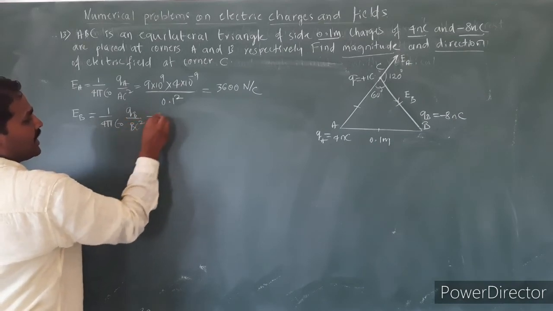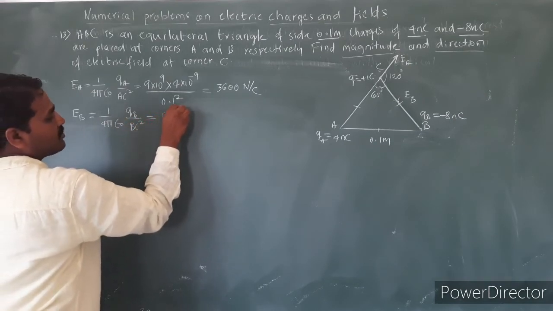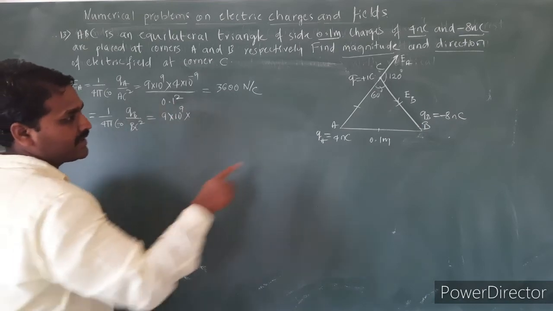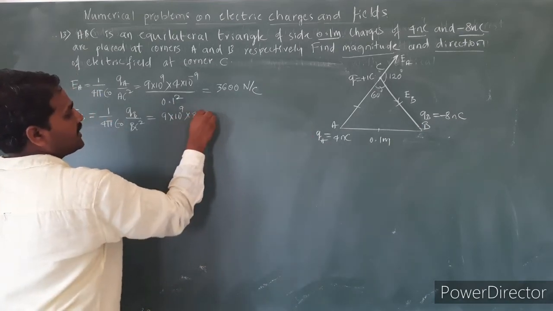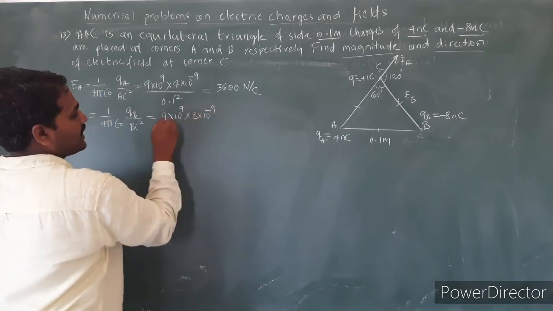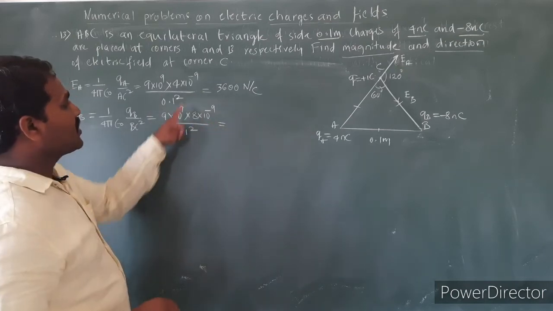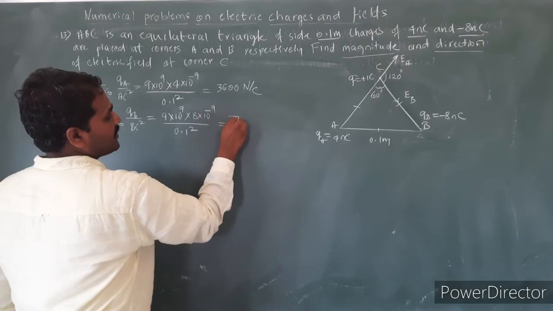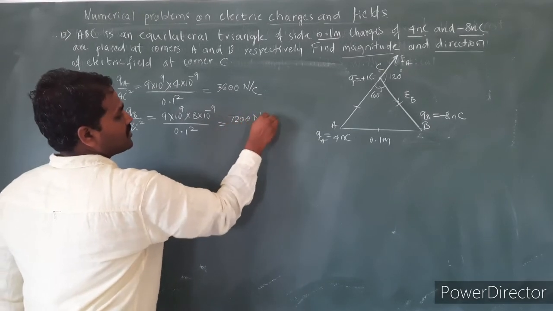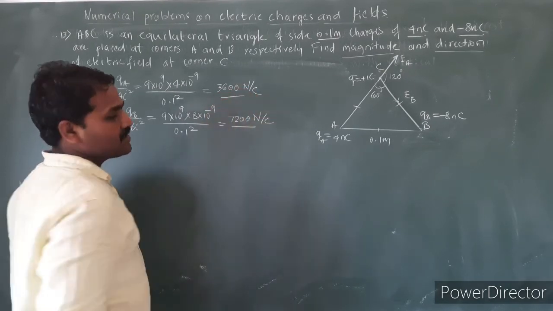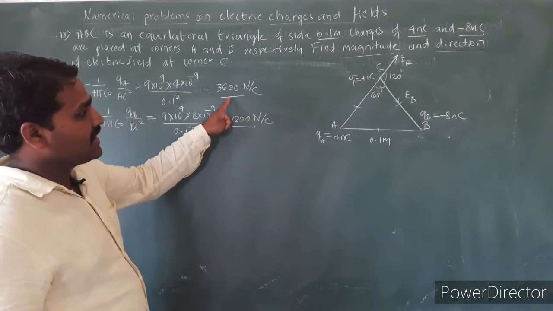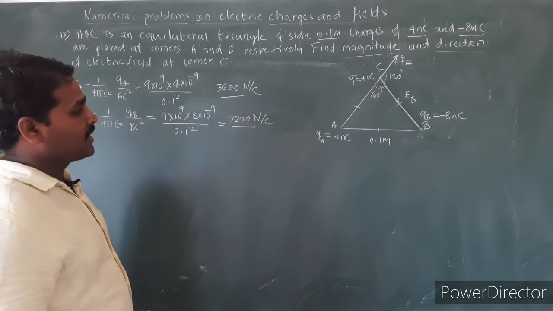Okay, so this I can substitute as 9 into 10 to the power of 9 into QB, that is 8 into 10 to the power of minus 9, whole divided by 0.1 square, and this is double of this, so this will be equal to 7200 newtons per coulomb. Okay, so these two are the magnitudes of electric field EA and EB respectively.